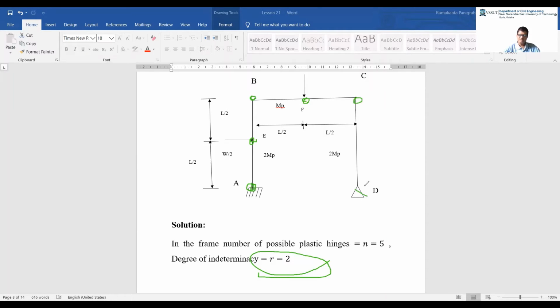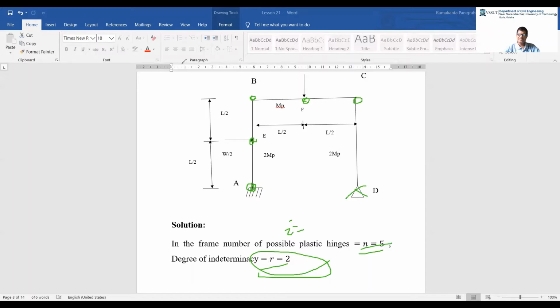Here, no, it is already a hinge support, so there is no plastic hinge here. N is equal to 5, R is equal to 2. The number of independent mechanisms will be 5 minus 2 is equal to 3. So there will be 3 mechanisms. Let us see what the 3 mechanisms are.